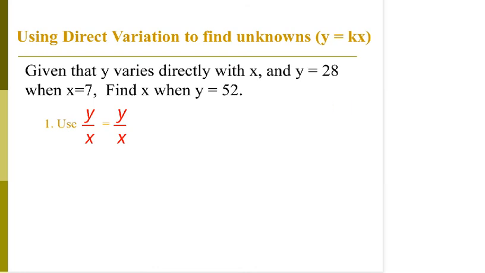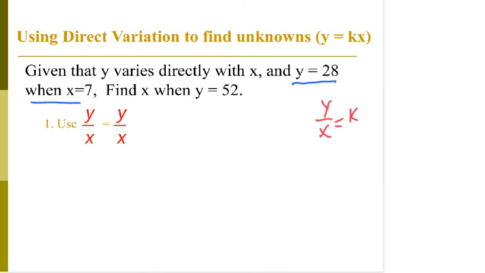So if we start out with the statement that not just that it varies directly, but y is 28 when x is 7, that's a ratio. So y is 28 when x is 7, and that's going to be equal to some constant.